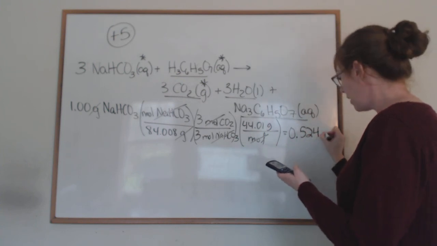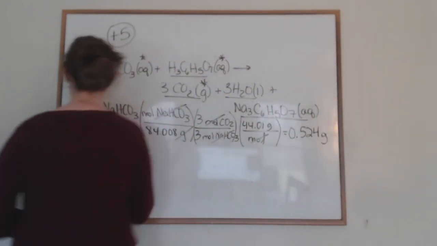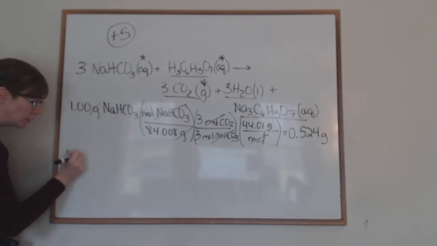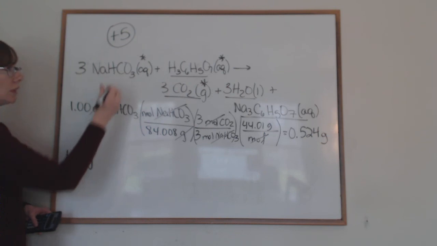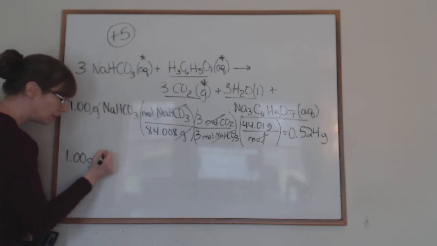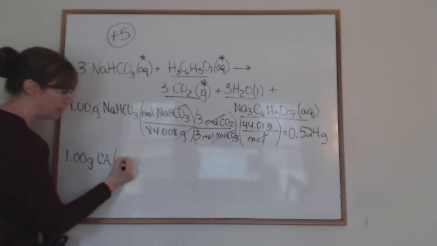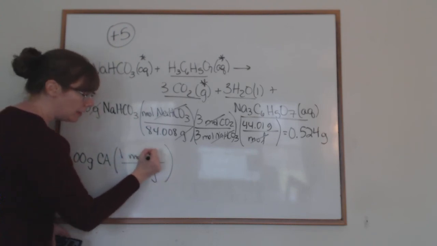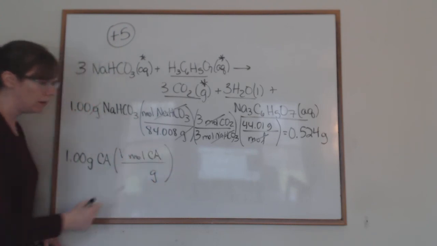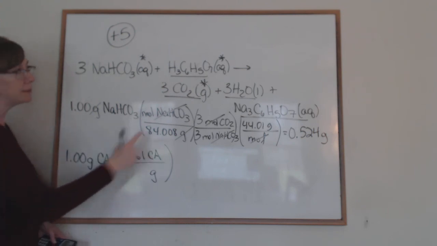0.524 grams. And now it's time to check the other starting reactant, the 1 gram of the citric acid. I'm just going to abbreviate that CA for the sake of time. First I need the molar mass of citric acid.